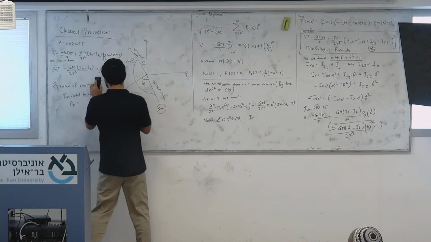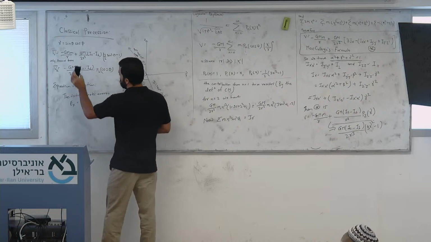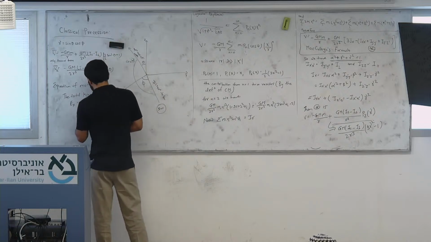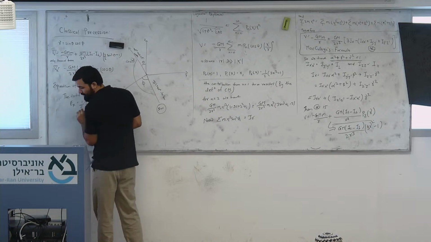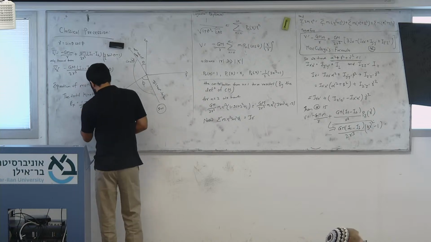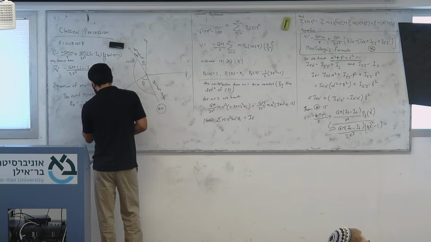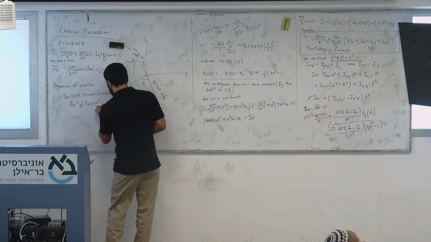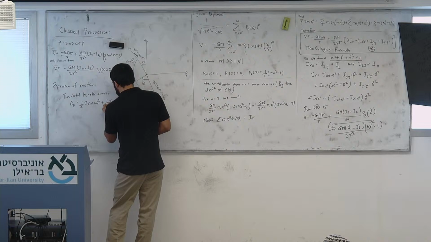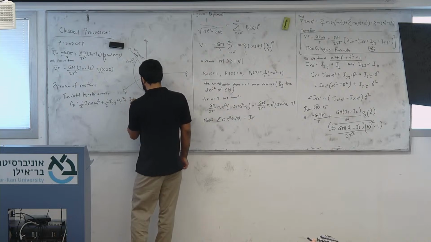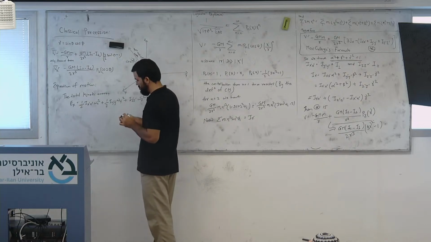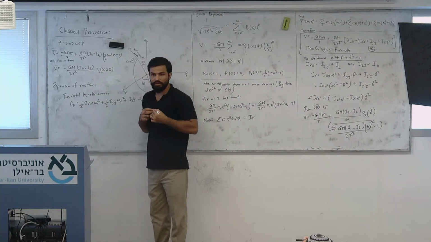So E_K is half of I x prime omega x prime square plus I y prime omega y prime square plus I z prime omega z prime square. So this is the total energy.